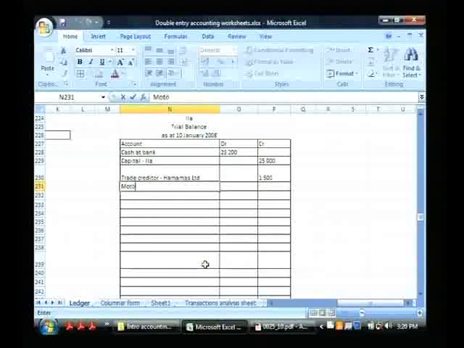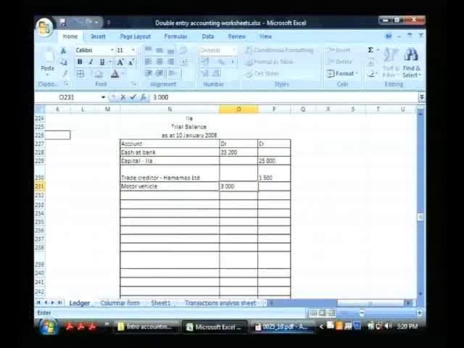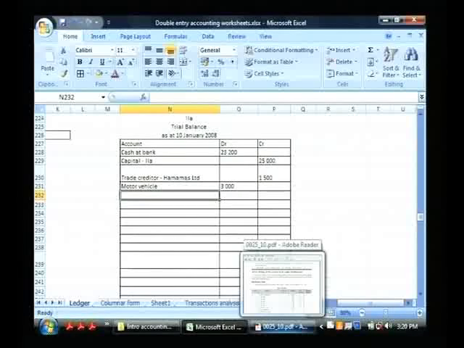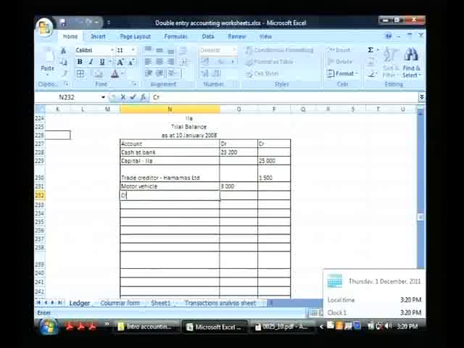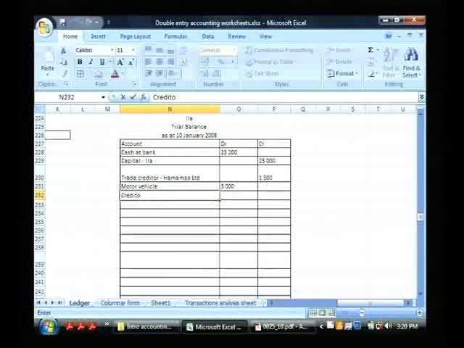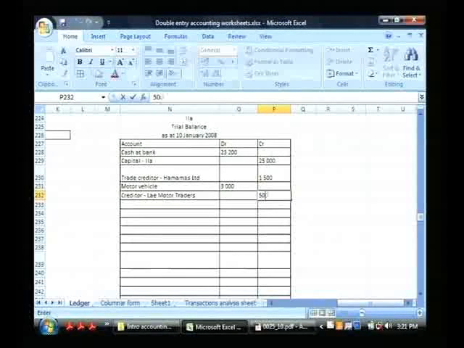Next, motor vehicle, debit balance 3,000. Next creditor Lay Motor Traders, amount is 500 credit.